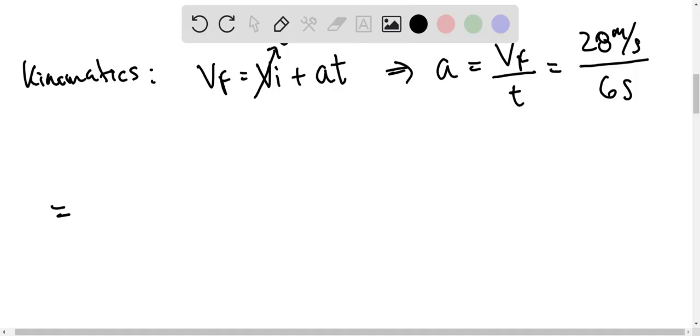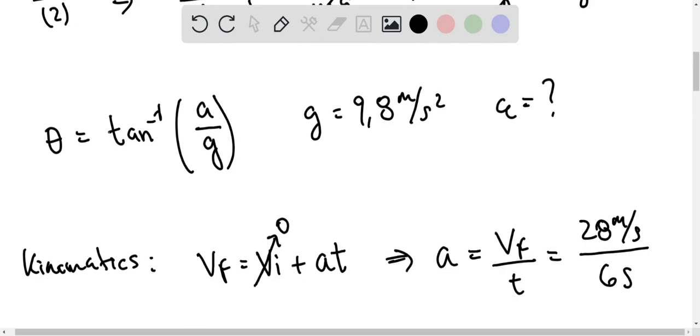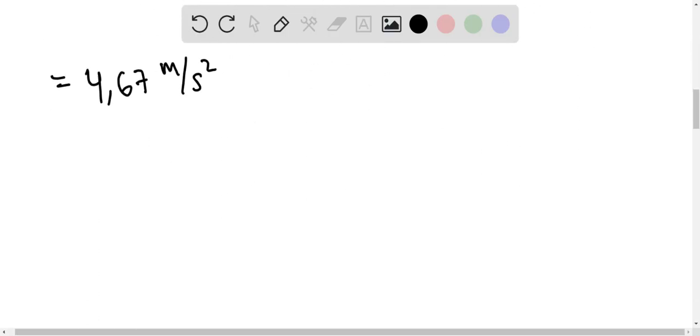From here, we obtain a value of 4.67 meters per second squared. So now we know the value of the acceleration, and we simply need to substitute that value into the equation for theta to obtain the value for the angle.